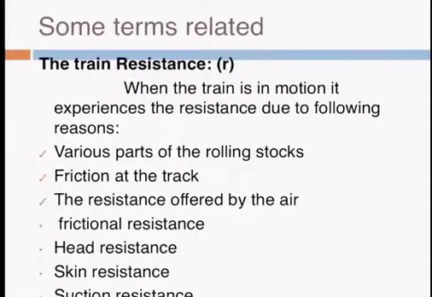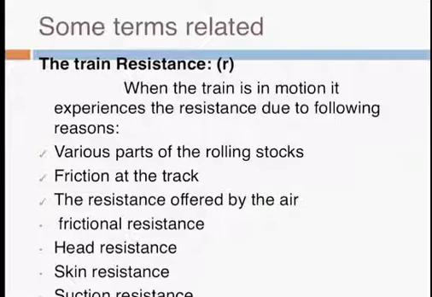Now we will discuss some terms which are related to specific energy consumption. પહેલી તો ટ્રેન રેઝિસ્ટન્સની જે આપણે વાત કરીએ છીએ જેને આપણે સ્મોલ આરથી ડિનોટ કરીએ છીએ. Now when the train is in motion, it experiences the resistance due to various reasons. The main reasons are rolling stocks ના અલગ અલગ ભાગો એટલે કે various parts of rolling stocks.